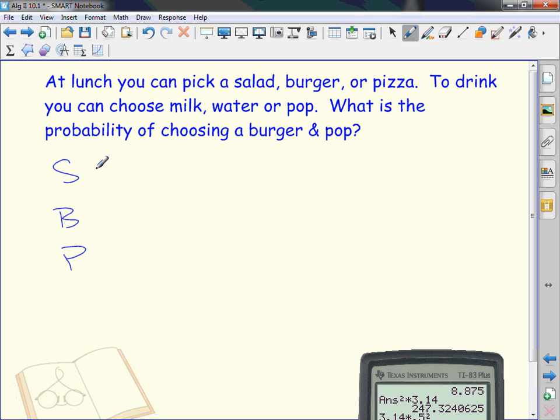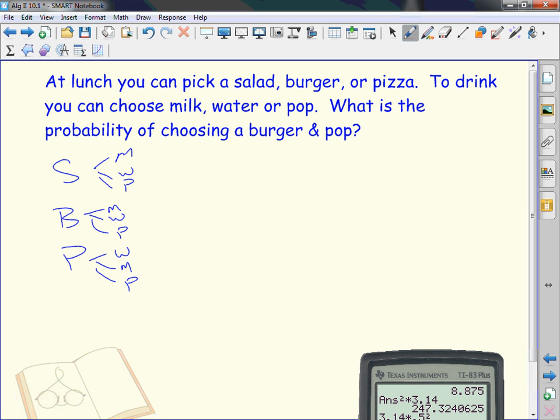Now, if I pick a salad, what can I have to drink? Milk, water, or pop. How about if I pick a burger? Milk, water, or pop. For the pizza, milk, water, and pop.